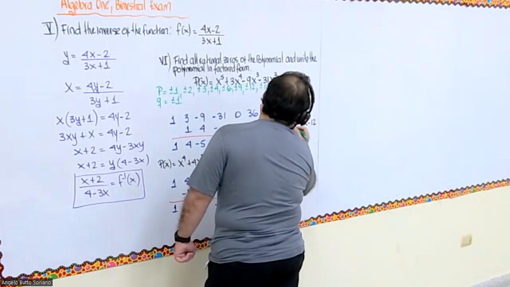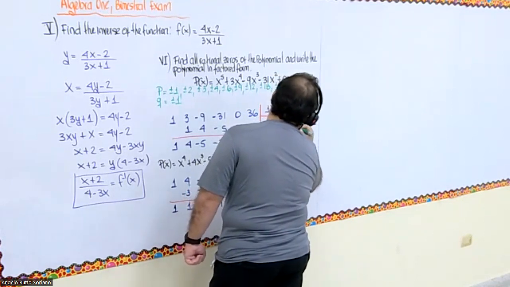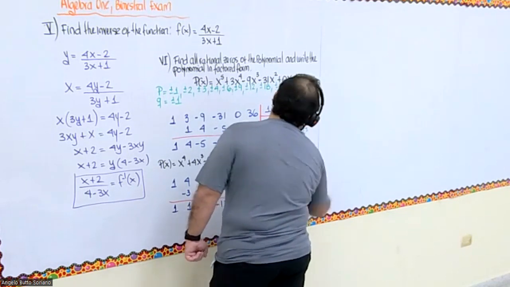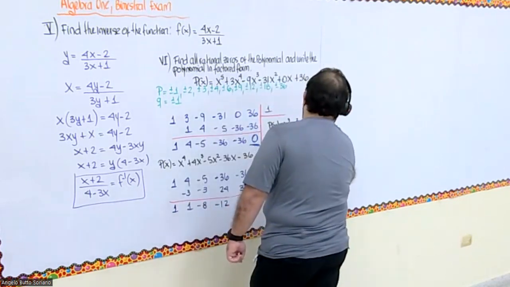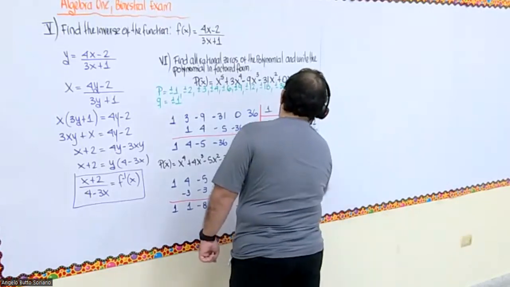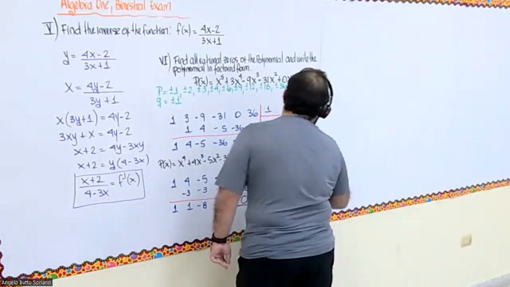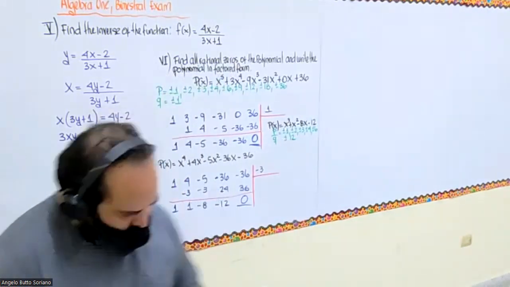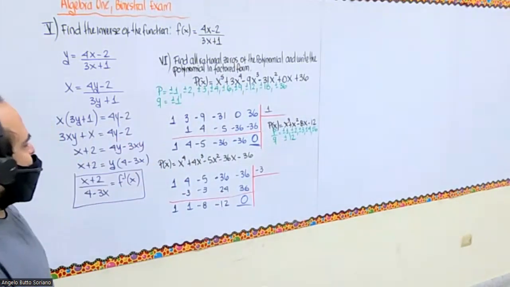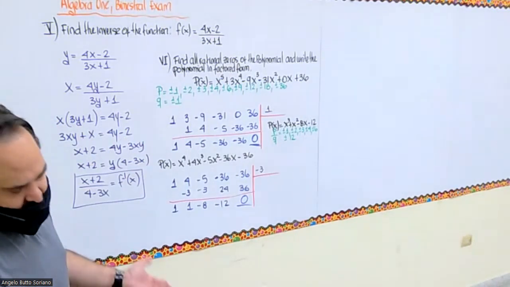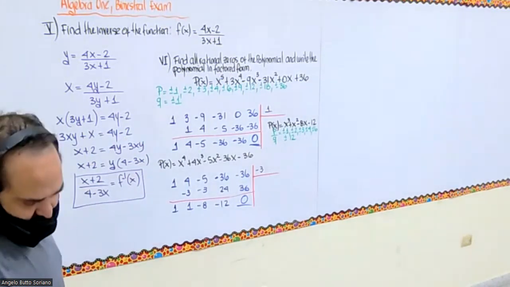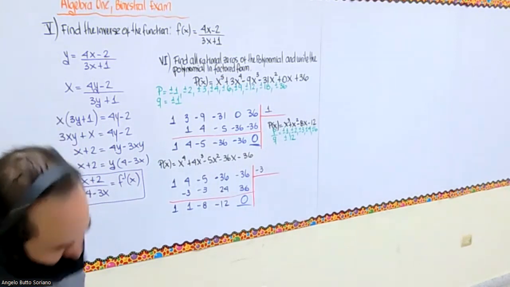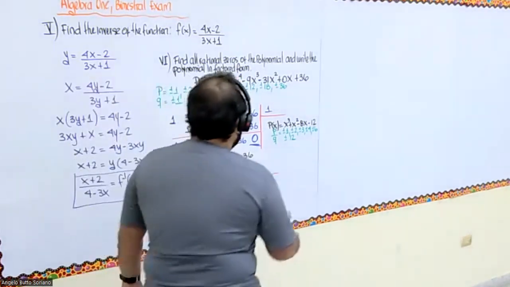Remember, the multiples of 12 will be positive and negative 1, 2, 3, 4, 6, and 12. All right? Well, actually, the chosen one in this case will be -2, at least in this case. So we're going to create once again the long division.